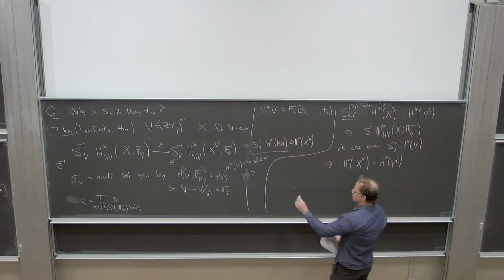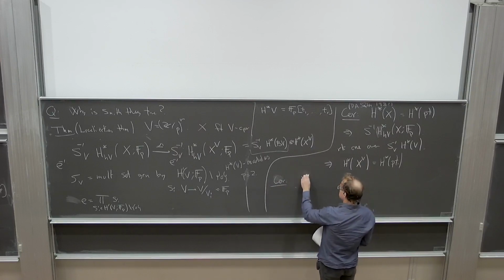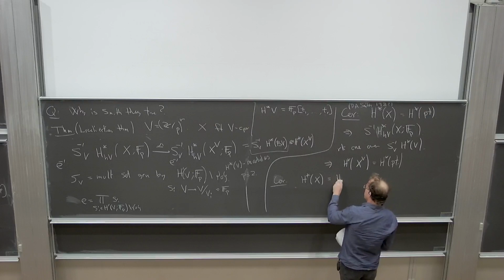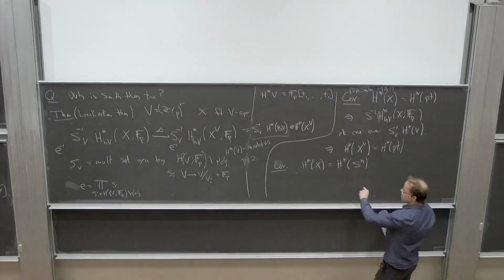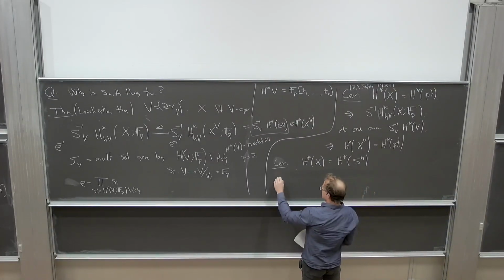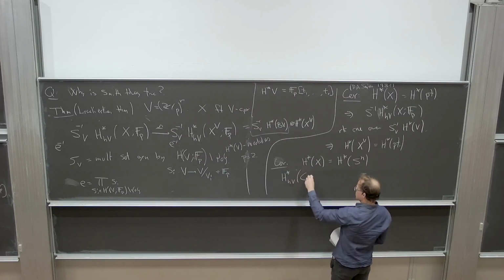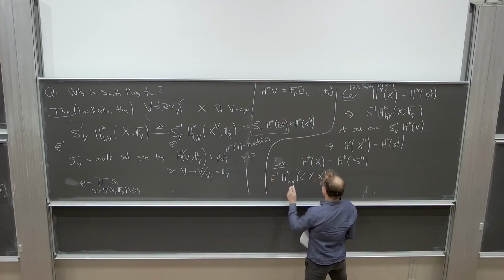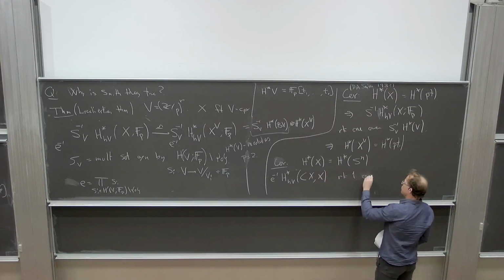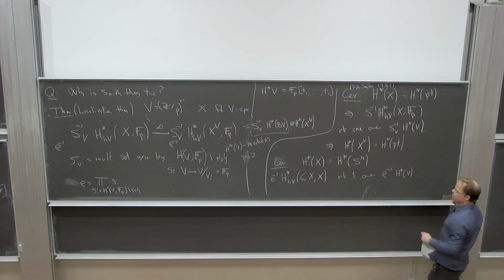So for instance, we could also do a corollary here: if the cohomology of X was the same as the cohomology of an n-sphere, then by the localization theorem, that would imply that this equivariant cohomology of V of just the cone CX, comma X, with this Euler class E inverted, has rank 1 over the cohomology of V with this Euler class inverted.